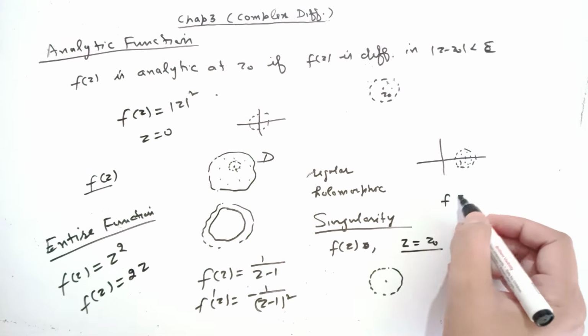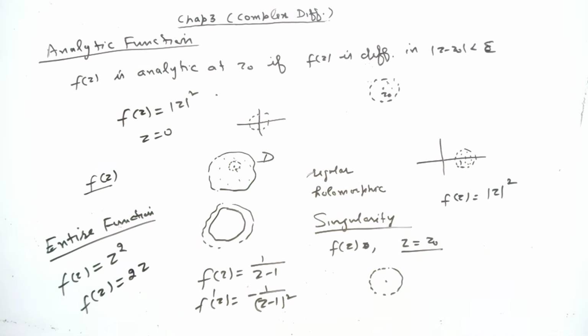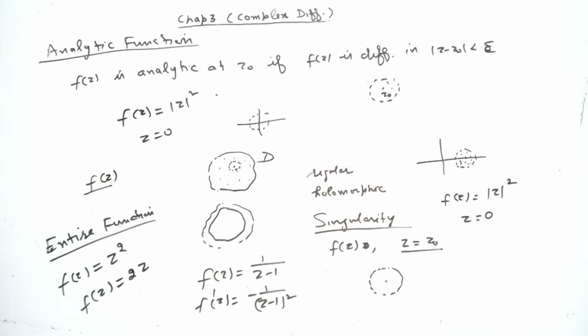See this example for more clarity of the definition. I say that z equal to 0 or any other point, means every point in the complex plane is a singularity of this function, or it has no singularity. I can say like that according to definition. Try to understand. z equal to 0. This function is not differentiable anywhere except z equal to 0.